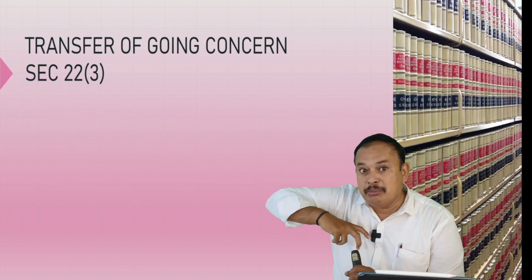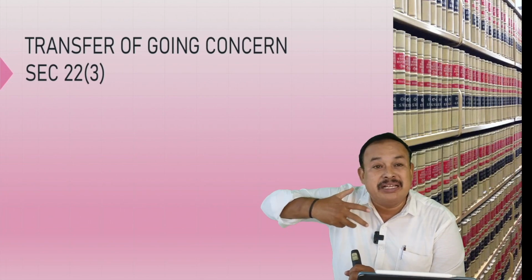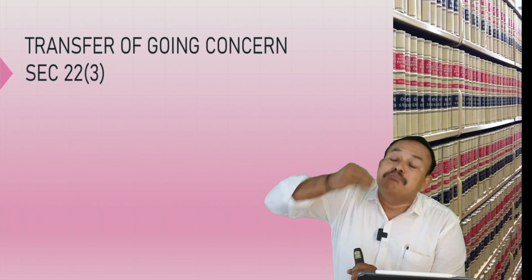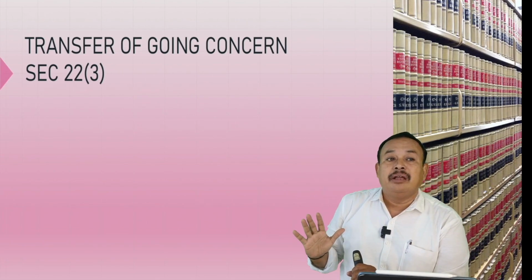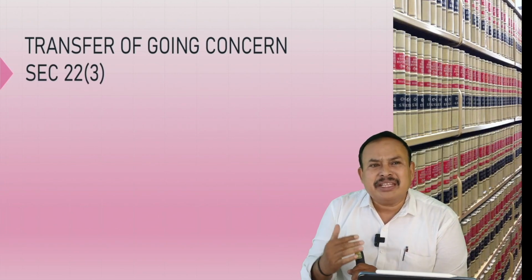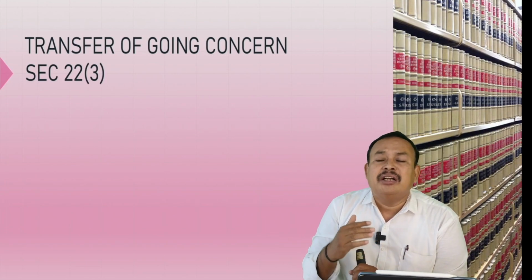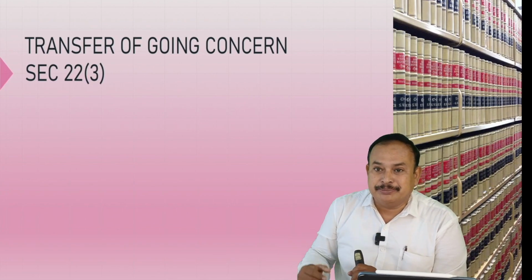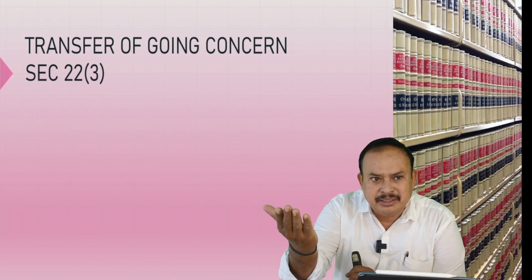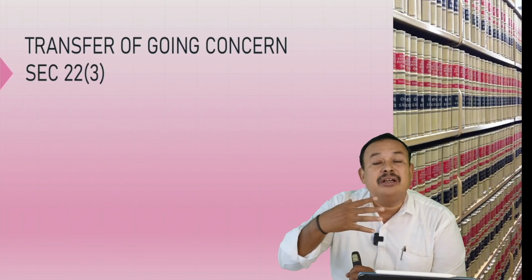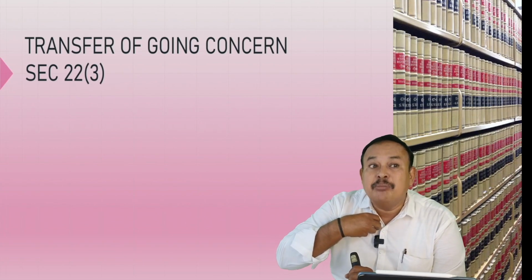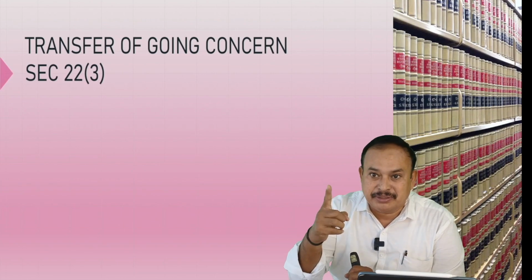Then, for a newcomer who has acquired the business on account of succession, registration is mandatory. What does he have to do? He has to apply for a fresh registration using his own PAN number. Same business title, but the registration cannot be shifted from father to son.